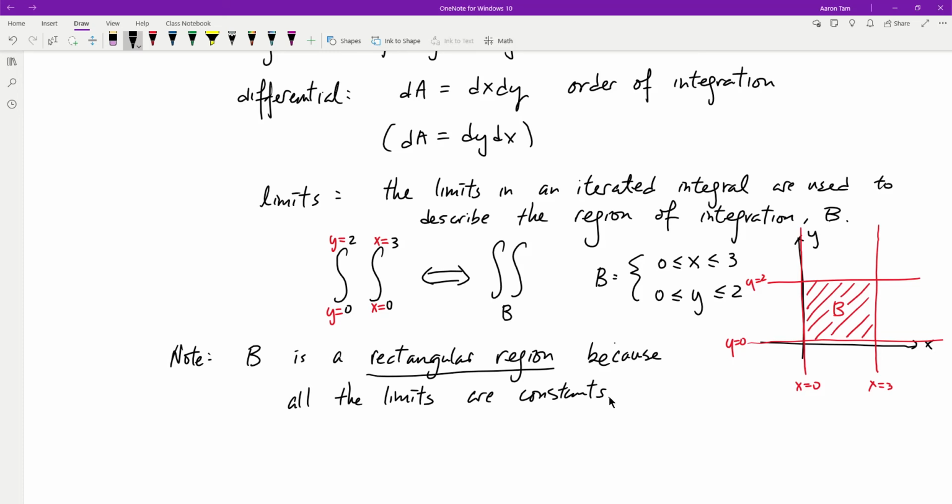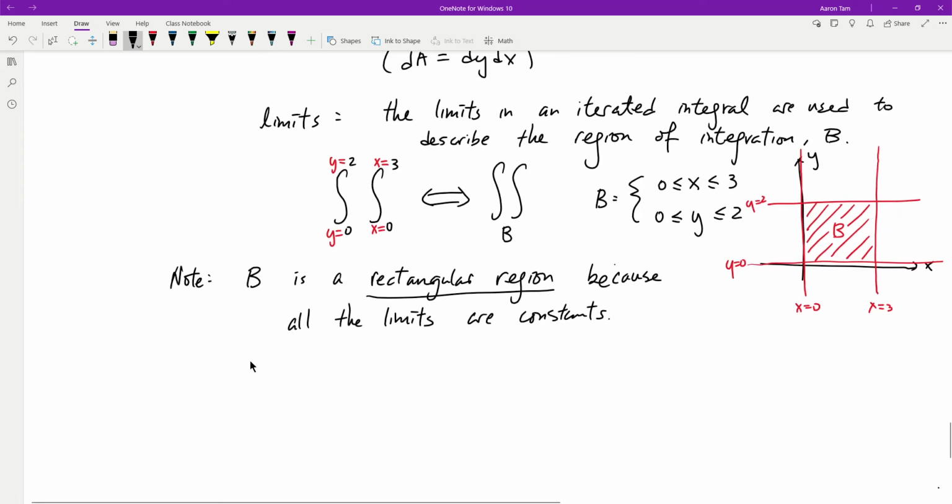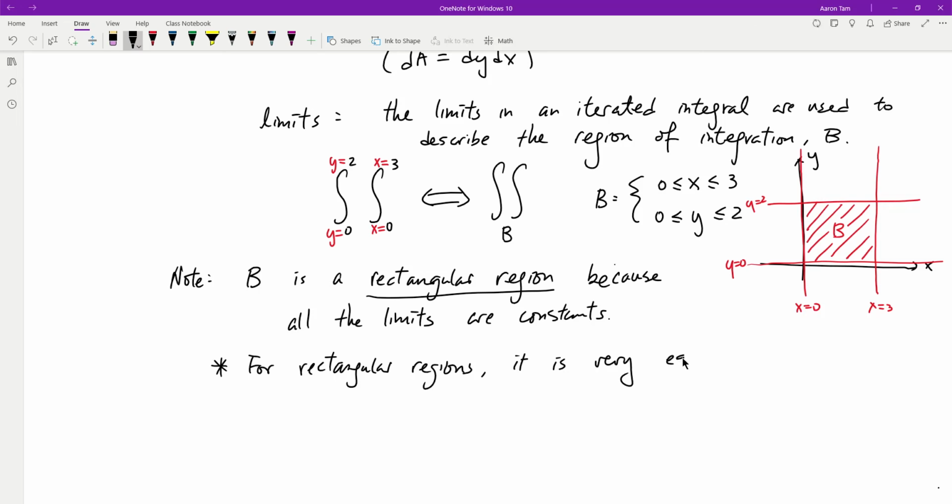So what I want to talk to you about is the advantage of a rectangular region. Because rectangular regions are defined by simple straight lines, basically lines parallel to the axes, it makes it extremely easy to reverse or change the order of integration. This is extremely important because this only works for rectangular regions. For rectangular regions, it is very easy to change the order of integration.